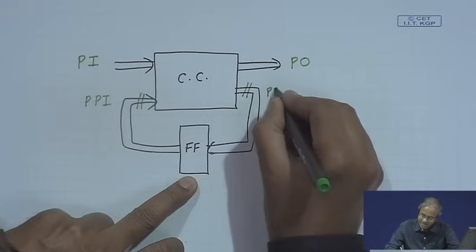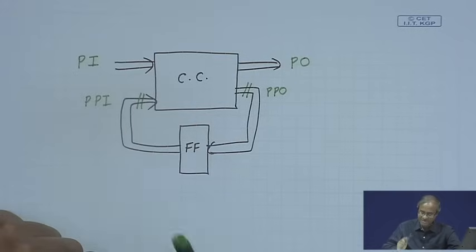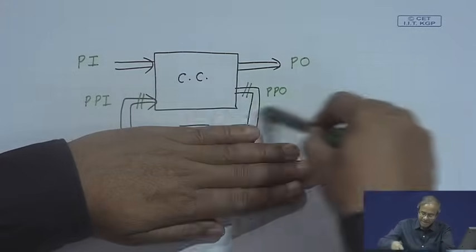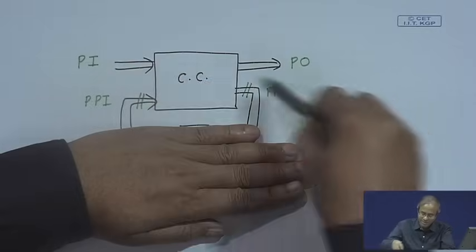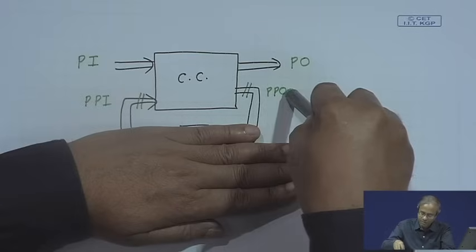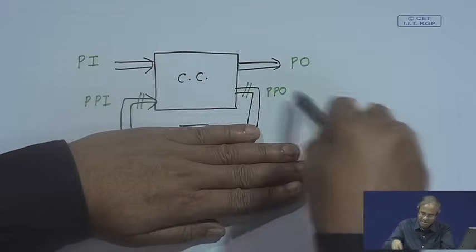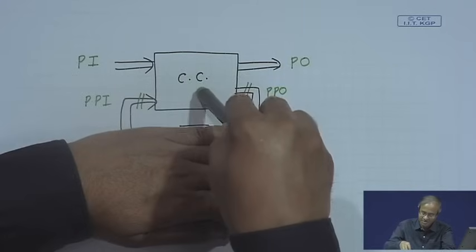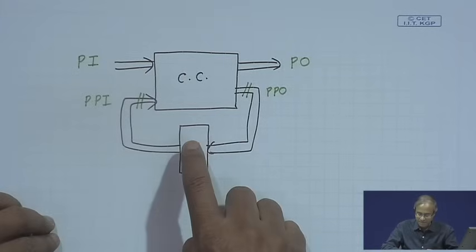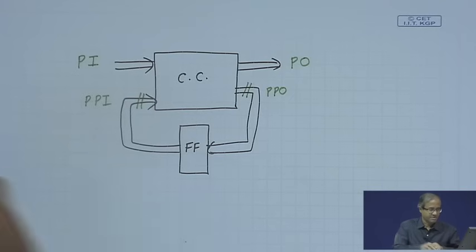These are called pseudo primary outputs. So, once you have this, I can forget my flip flop. I can treat this whole thing as a combinational circuit where PI and PPI are my inputs, PO and PPO are my outputs, and I can use a combinational circuit test pattern generator to detect all faults here. So, I am not worrying about the flip flops anymore, but of course, how to test the flip flops, we will have to address separately. Okay, fine.